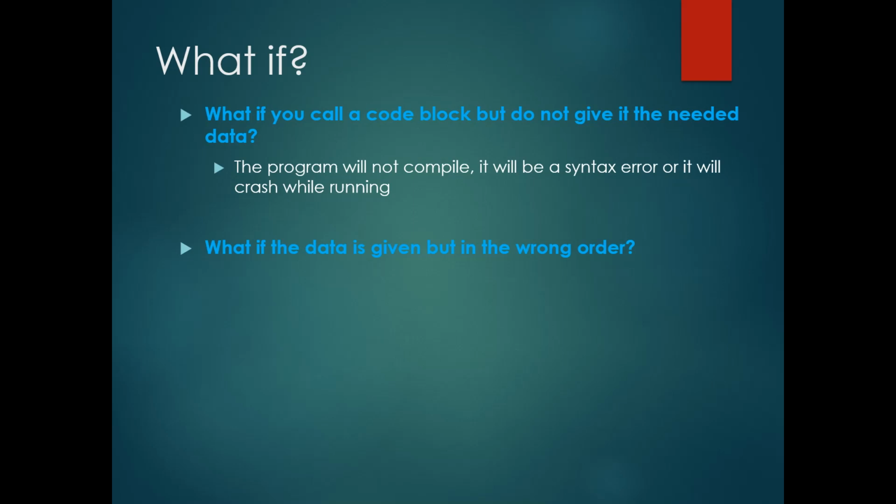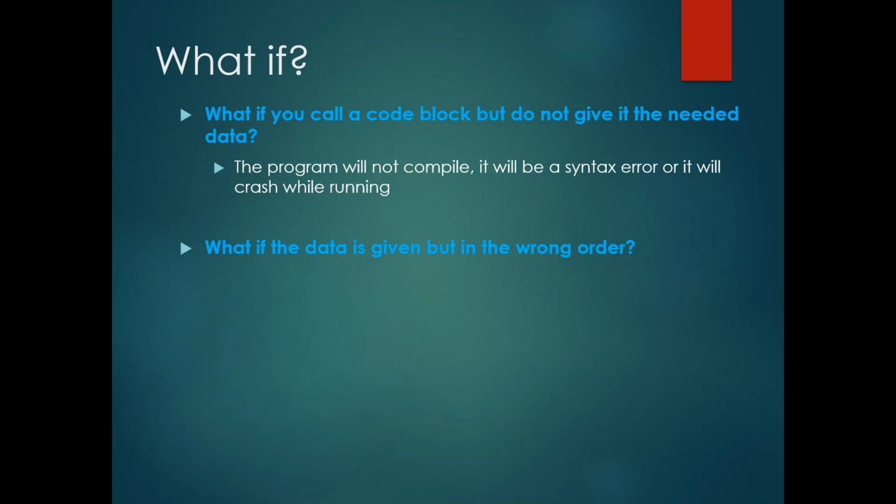Well, that's a value of 9. 8, 9. Well, those don't match at all. So the program didn't break. In fact, it would work fine. It just wouldn't give us what we expected. It gives us unexpected results. This is called a logic error, which we'll come back to later on in the course. But it's not doing what we expect it to do. So it's our job to make sure that we satisfy that contract, we give it the data it needs, and we give it in the right order.